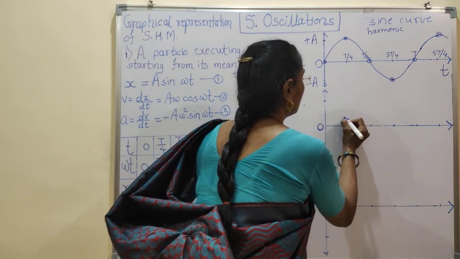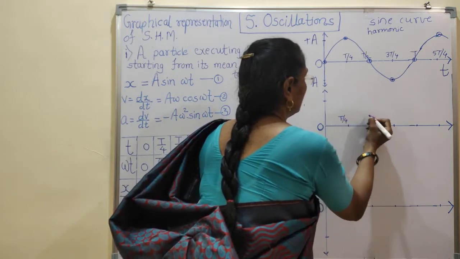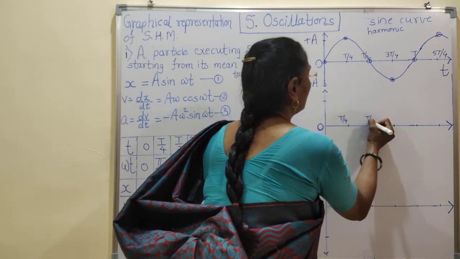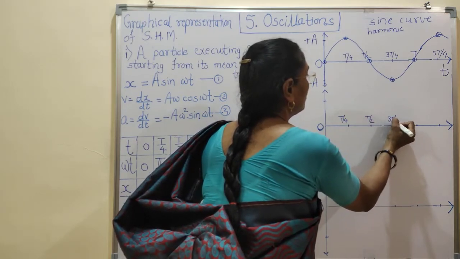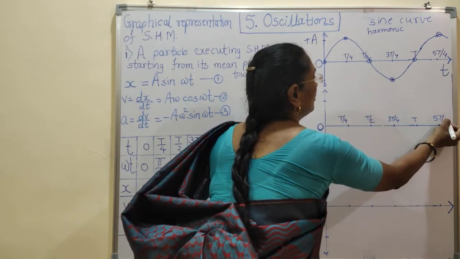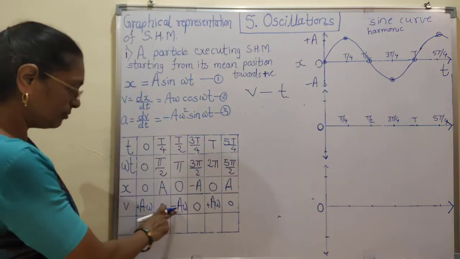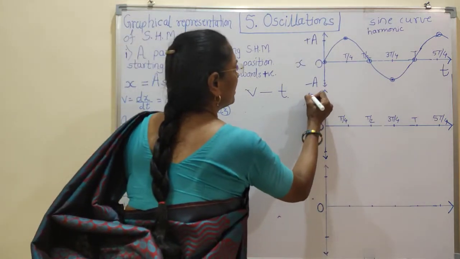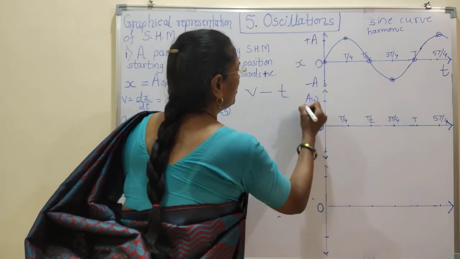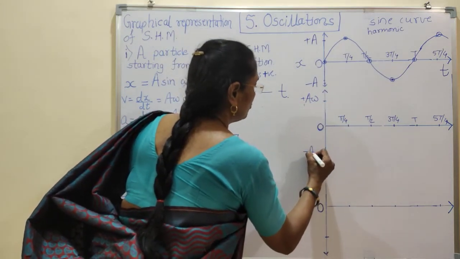Those time intervals are t by 4, t by 2, 3t by 4, t, 5t by 4, and positive maximum, negative maximum we write as a omega, and here it is minus a omega.